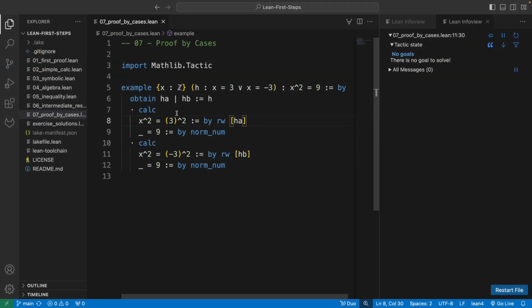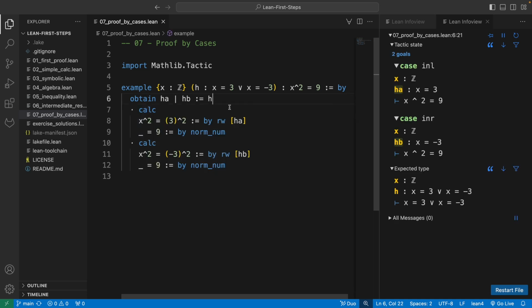So there you can see x is 3 for this one and x is minus 3 for that case. And then when we put our cursor outside, in this case there's nothing else now because the proof itself is done. So you can see how this now relates back to the maths proof that we did. We split the hypothesis into cases, and then one after another we prove them.